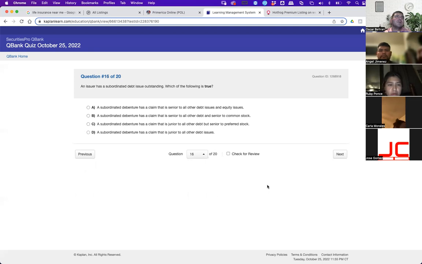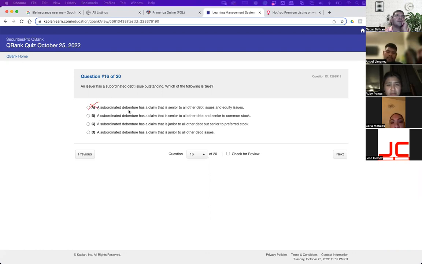All right. An issuer has a subordinate debenture issue outstanding. A subordinate debenture has a claim that is senior to all other debt. That's wrong, right? Let's cross it out.